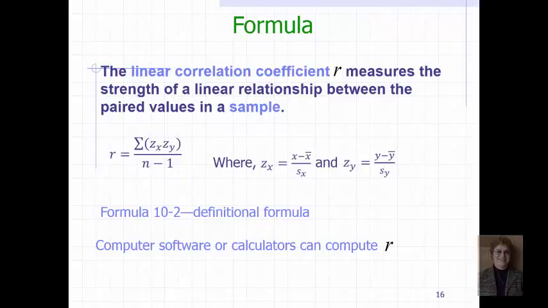Once we get all those products, we add those up, and then we divide by the number of pairs minus 1. Now, if you want to, you can practice and use this formula, but it's unnecessary because we are going to use software to calculate this.